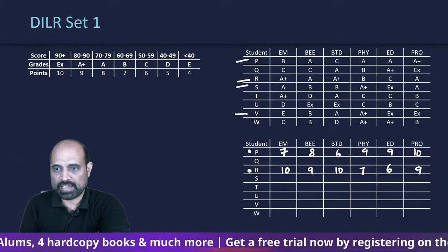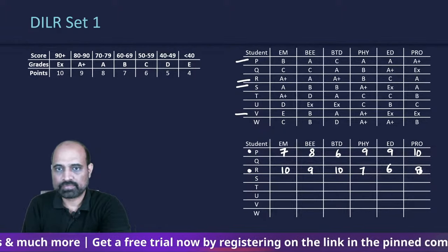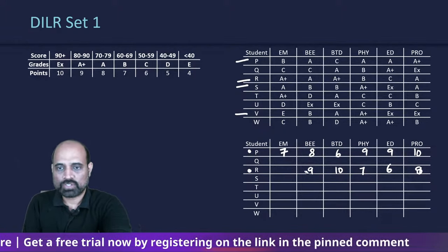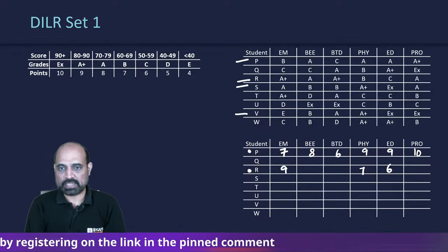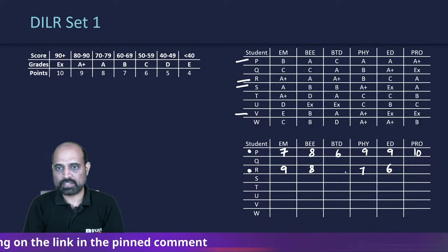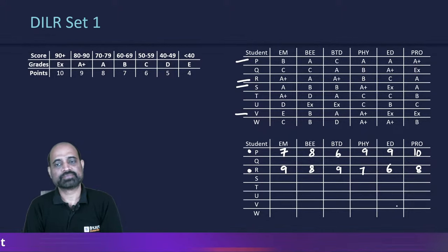A grade is 8. Sorry, look, a mistake happened. A plus is 9, A is 8, A plus is 9, we have 7, 6, and A is 8.